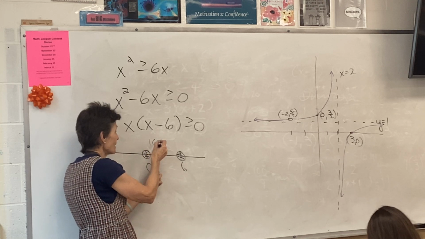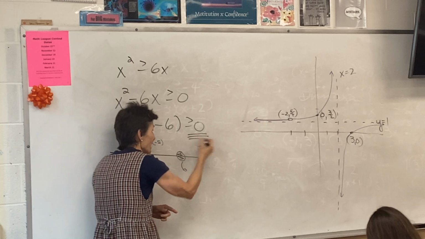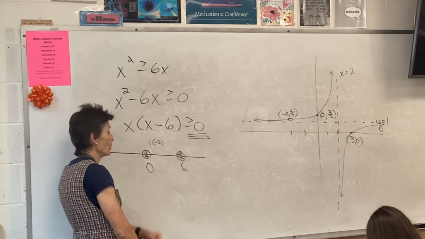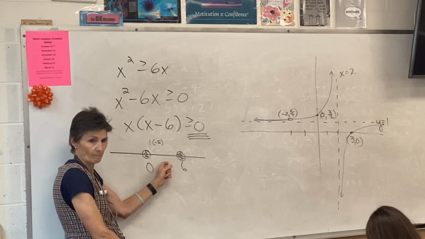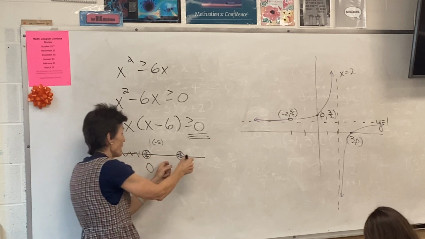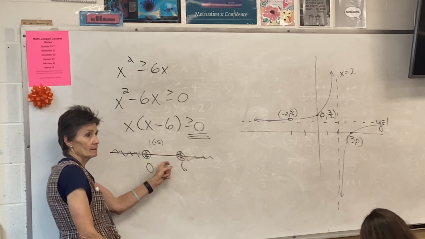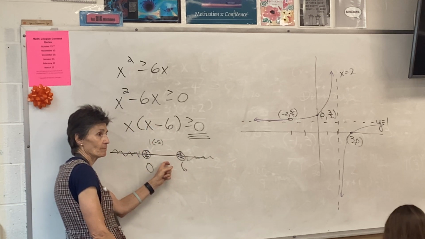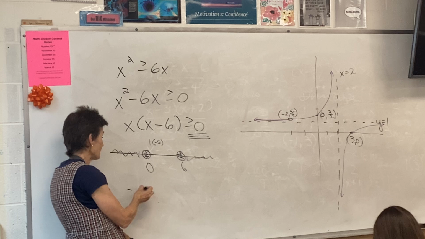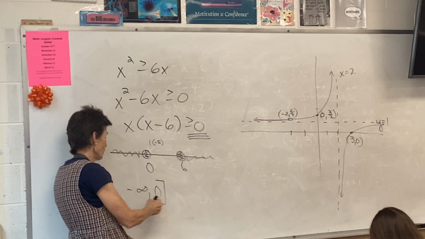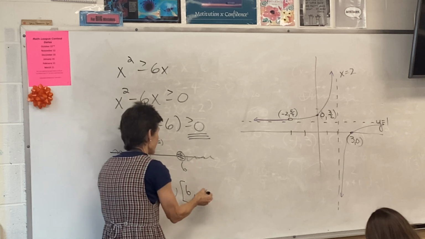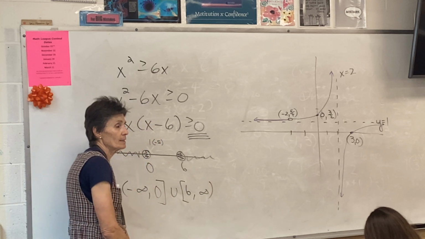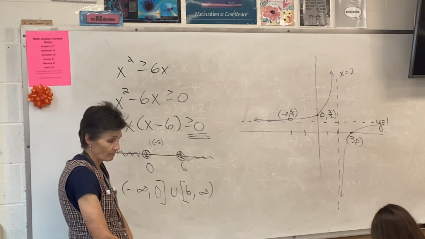Does a positive times a negative give me a positive? No. So I will not shade where the 1 is, which means I will shade the other sides. So negative infinity to 0 or 6 to infinity is my answer.